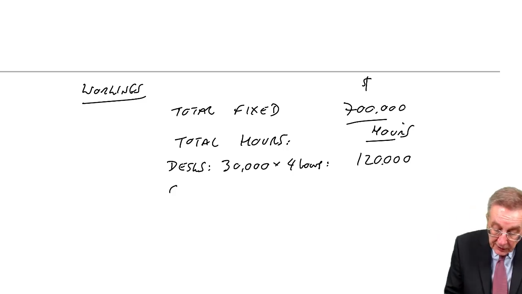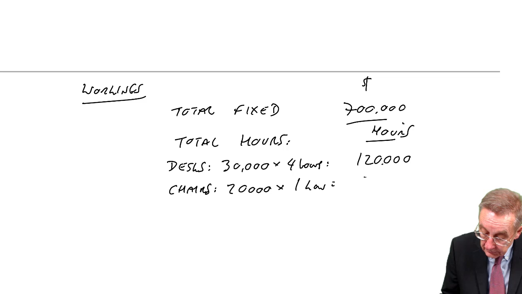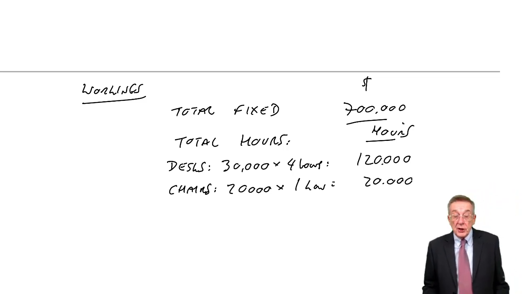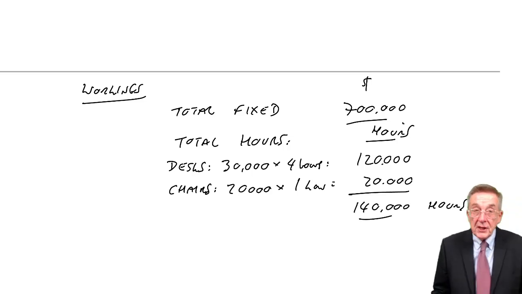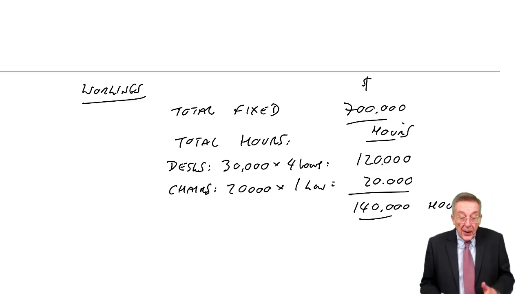In addition, in the same factory, we're making chairs. 20,000 chairs. Each chair takes 1 hour. And so we're going to spend another 20,000 hours making chairs. So in total, we think we'll be working 140,000 hours. And so how much is it costing per hour?